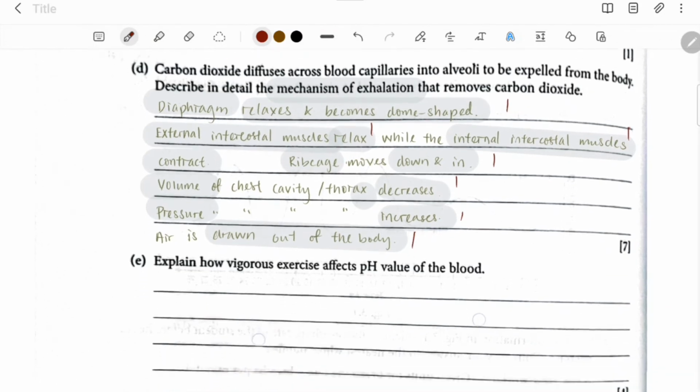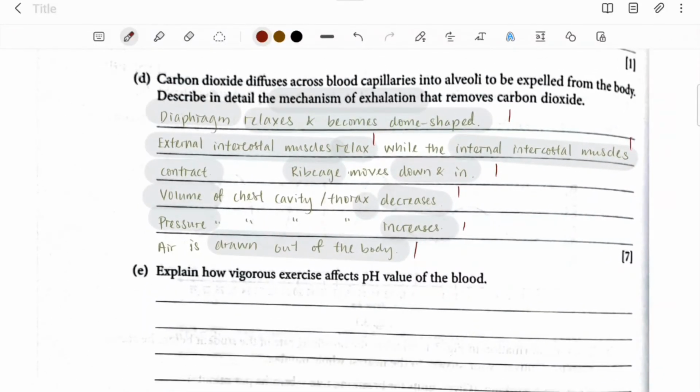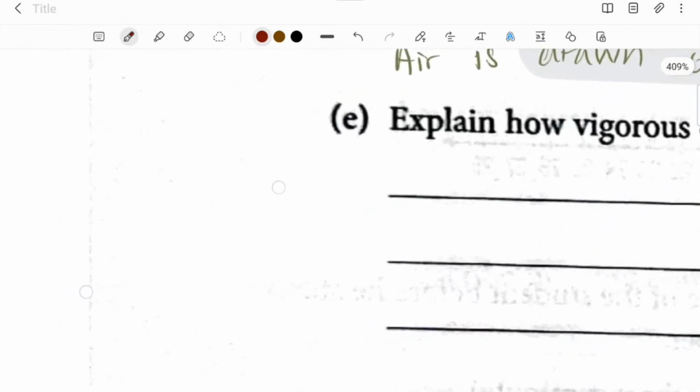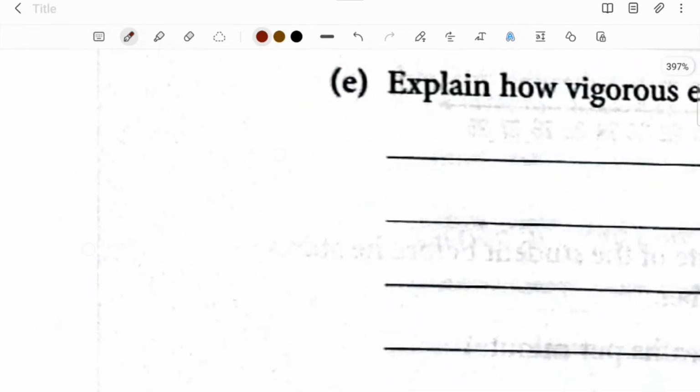Okay. E. How does vigorous exercise affect the pH value of blood? This one is actually in the notes also. What happens during exercise?